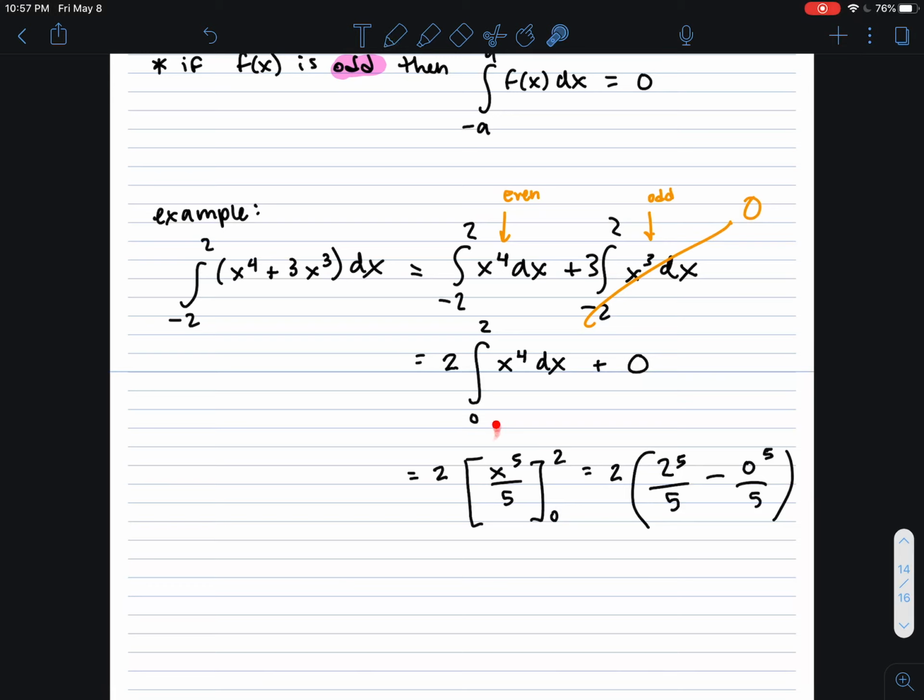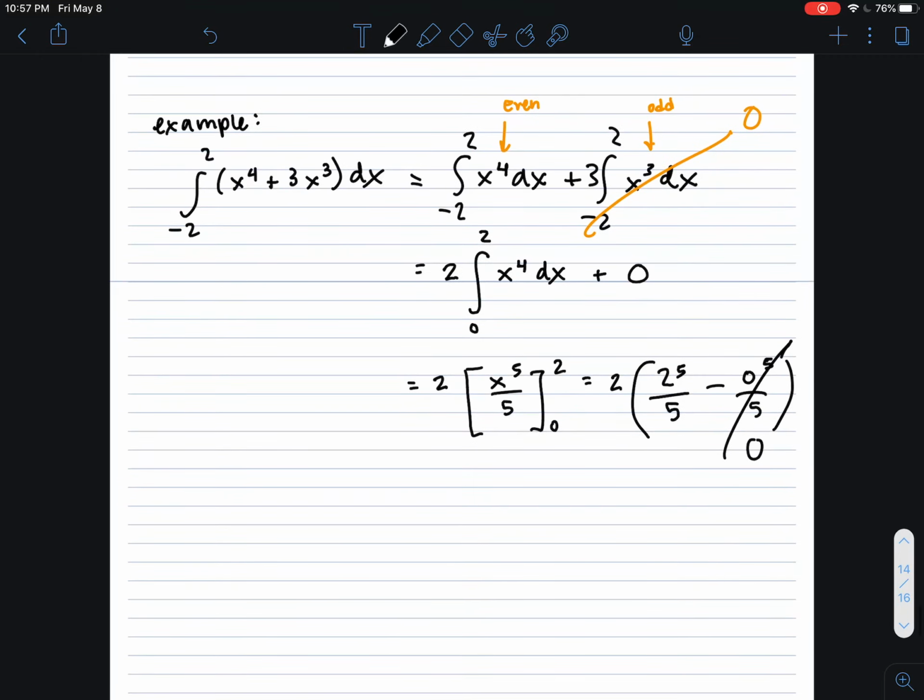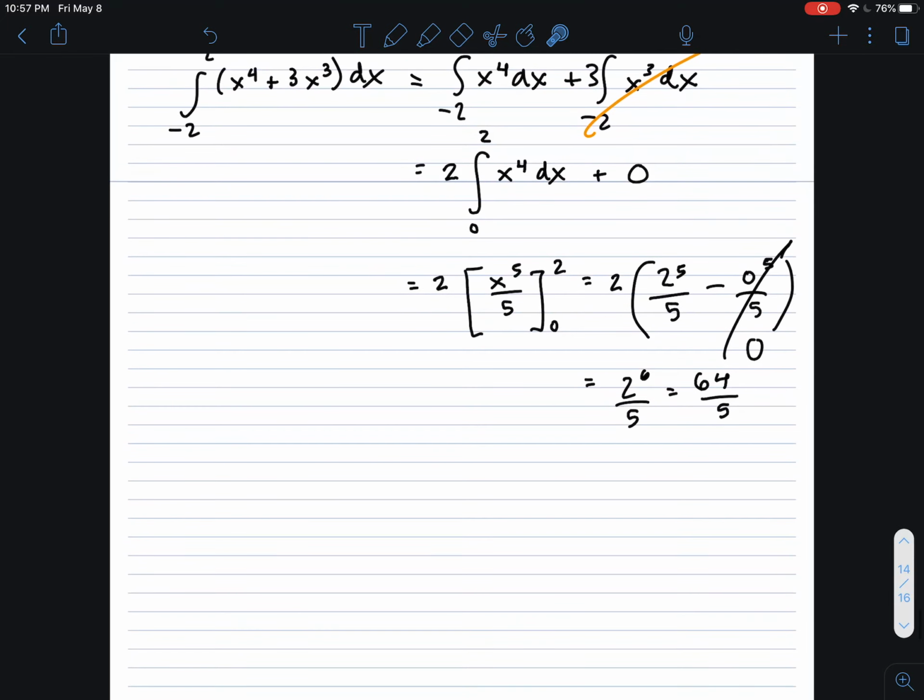And this is why finding the area from 0 to 2 instead of -2 to 2 is nice, because this entire portion goes to 0, because 0 divided by a number is just 0, and we get 2 to the sixth over 5, which is 64 over 5. 2 to the fifth becomes 2 to the sixth because we're multiplying by this 2 on the outside.